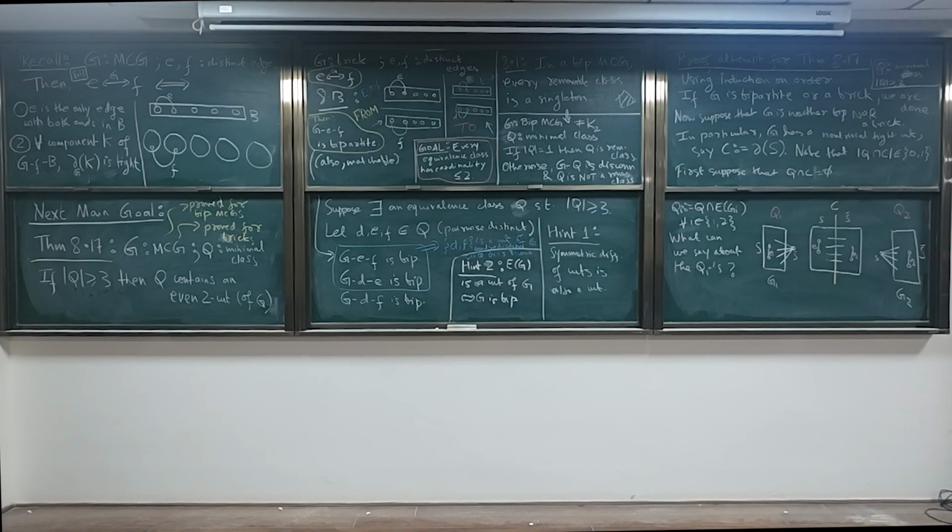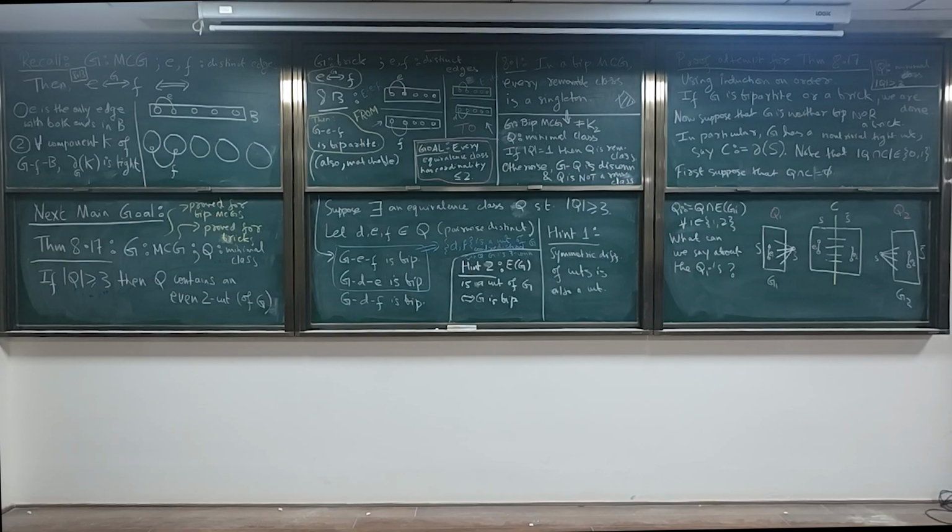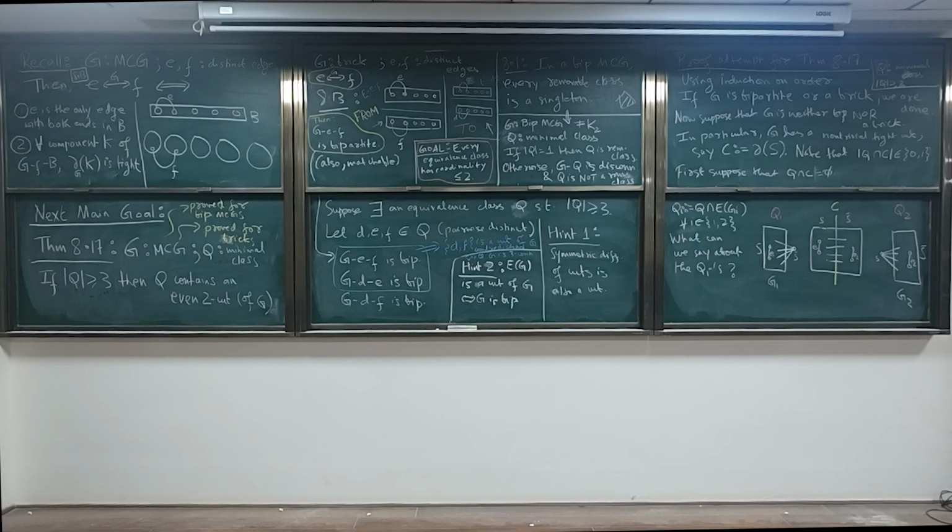And there is of course another question that is more general here, which is: if two edges are dependent in G, then what can you say about the same two edges in G1 and G2, if they exist in those two graphs?